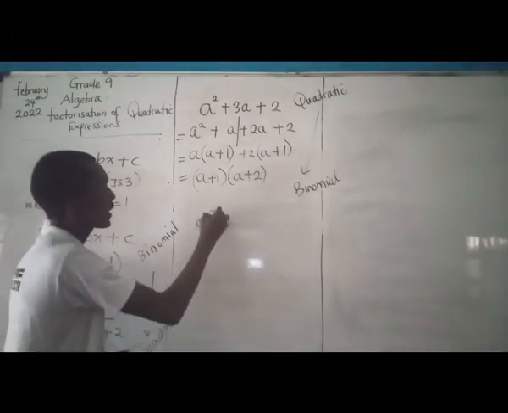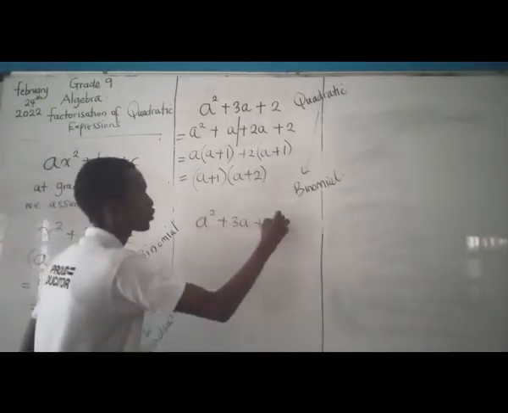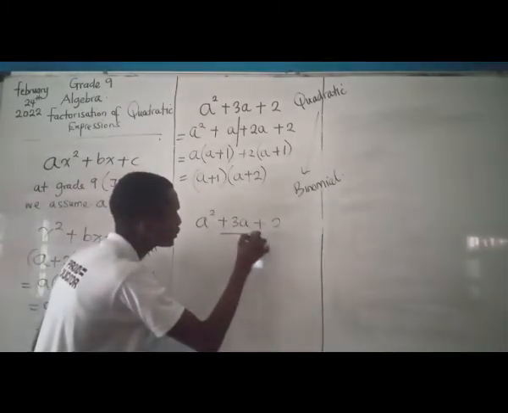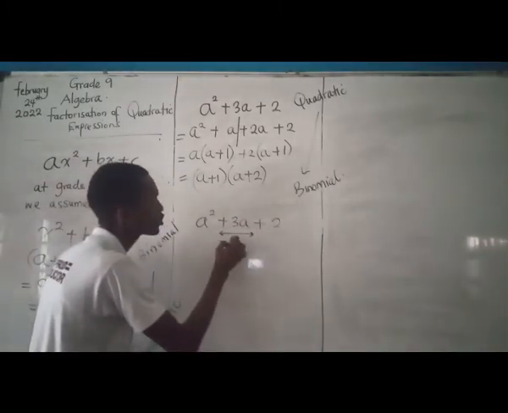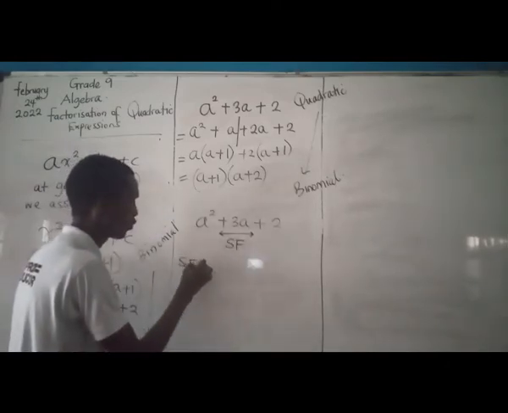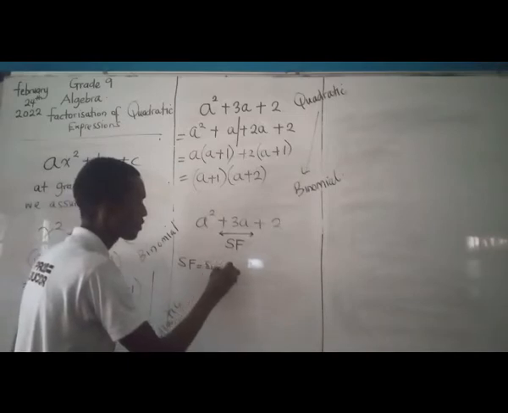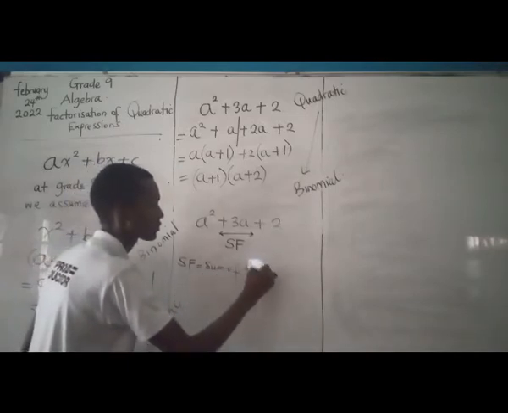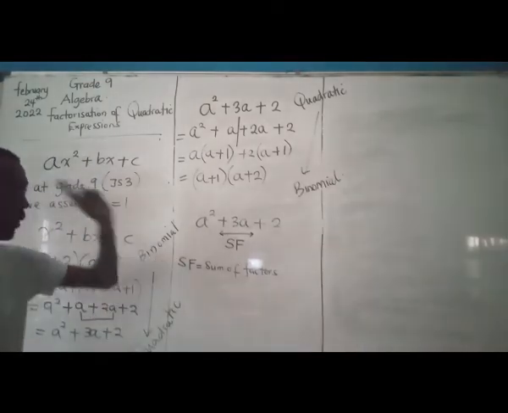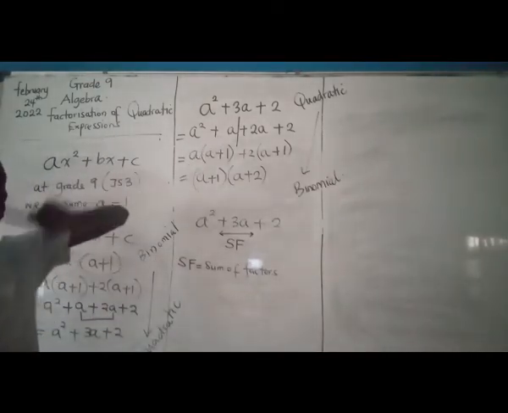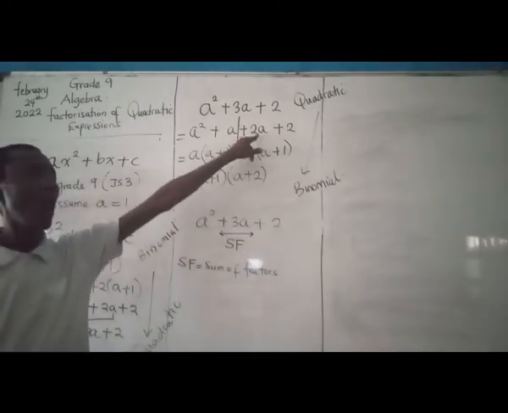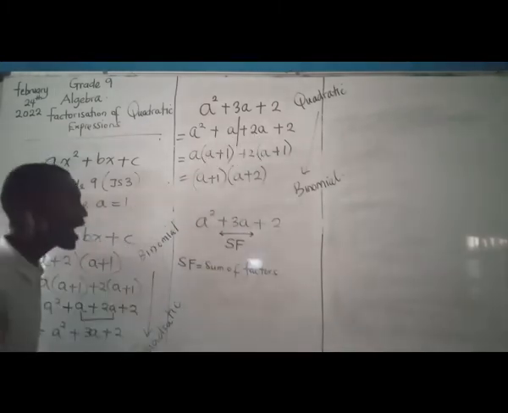Look at a squared plus 3a plus 2. This term you are seeing at the middle is what we call the sum of factors. So SF will mean sum of factors. What are the factors? As I'm doing this, I want you to be making a call back to this. The factors that gave us 3a were a and 2a.